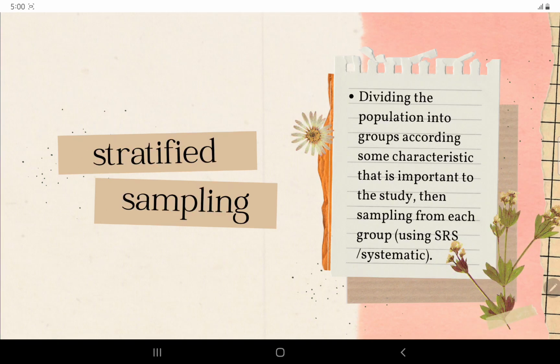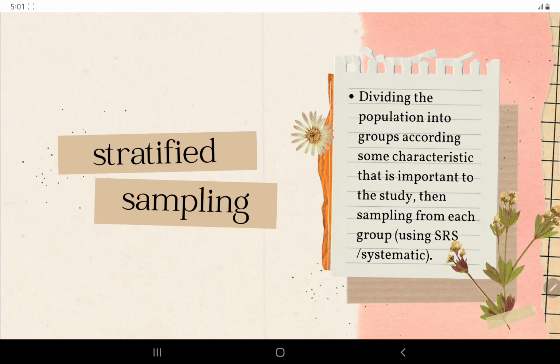Okay, the next one is stratified sampling, strata. In this method, okay, we have a population and then we need to divide the population into subgroup. Okay, yang subgroup ni namanya strata. And then how do we choose our sample?